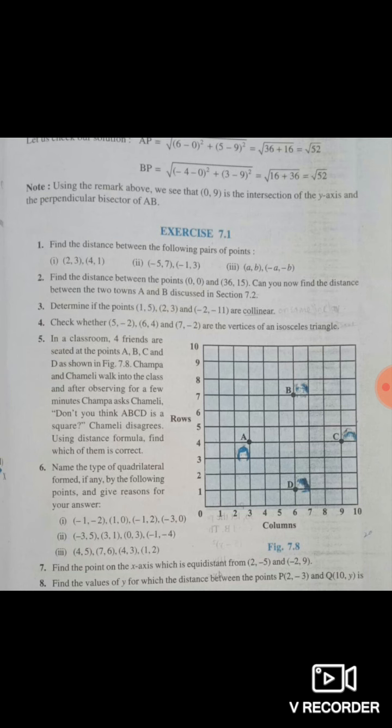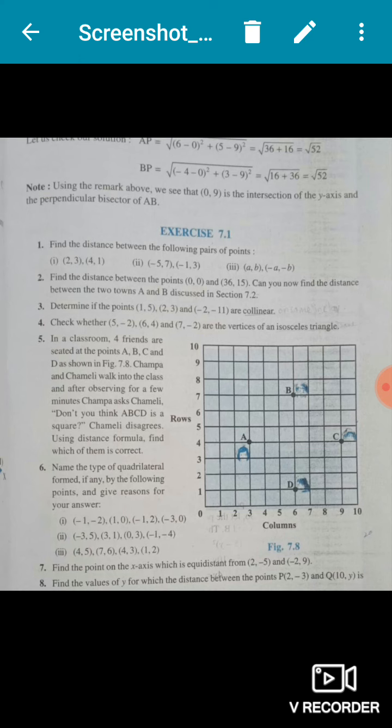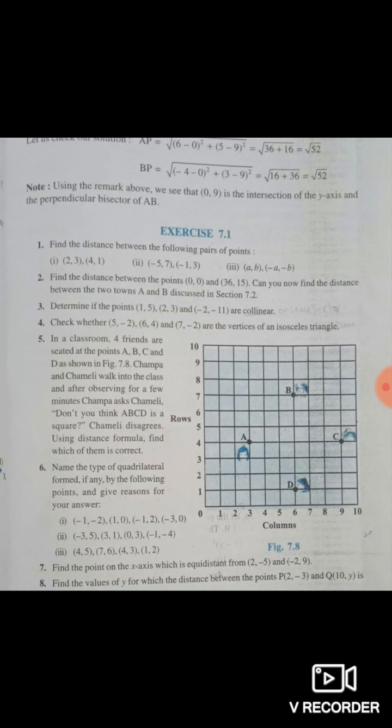If it is so, then only the points will be collinear, otherwise not. Understand? 3 distances we have to find, then check whether the sum of any 2 distances is equal to the third distance. If yes, then only the points will be collinear, otherwise not.